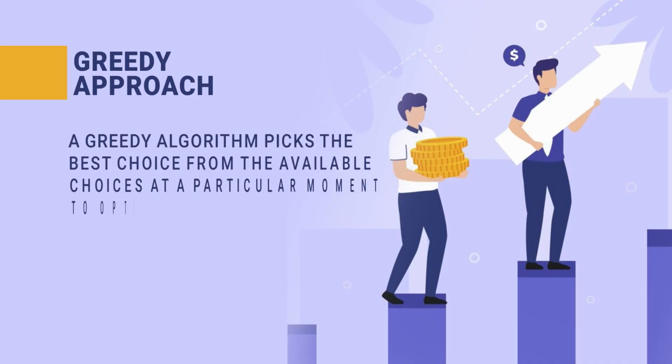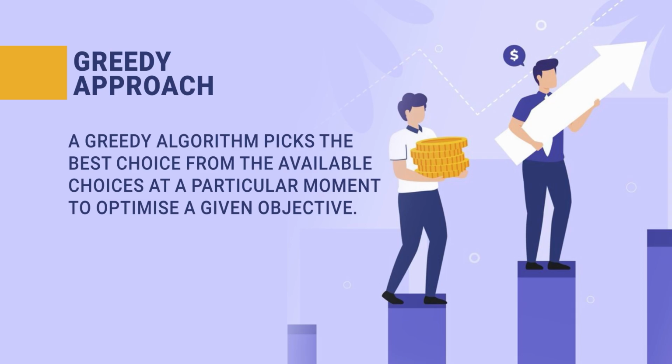So that becomes the optimization problem, where you will be solving the optimization problem with some constraints which will be limiting the solutions, and the problem will be either to maximize the objective function or minimize the objective function. A greedy algorithm picks the best choice from the available choices at a particular moment to optimize a given objective.